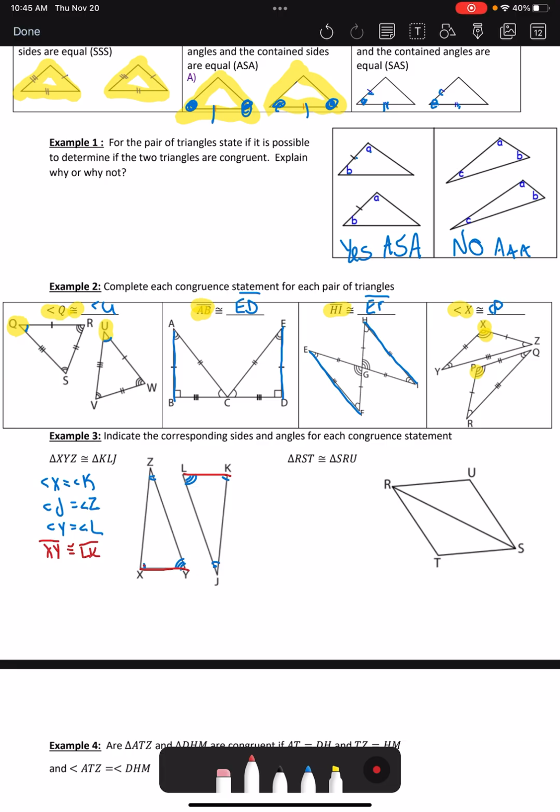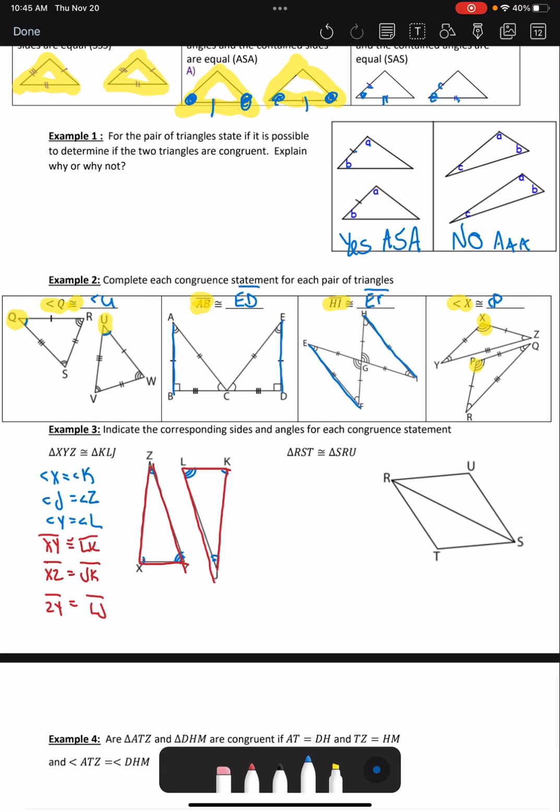And then we have XZ is going to be congruent with JK. So XZ equals JK. And then finally, ZY is congruent with LJ. So ZY equals LJ. There we go. Let's move on to our next one.